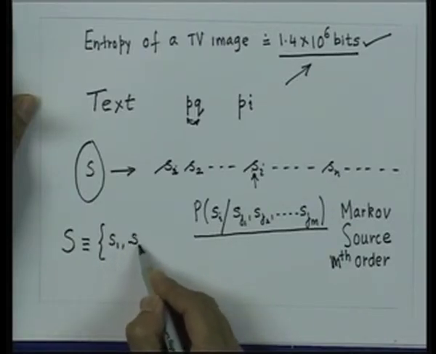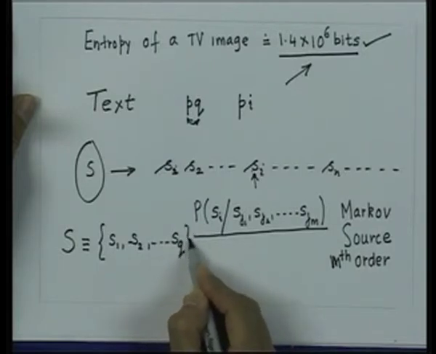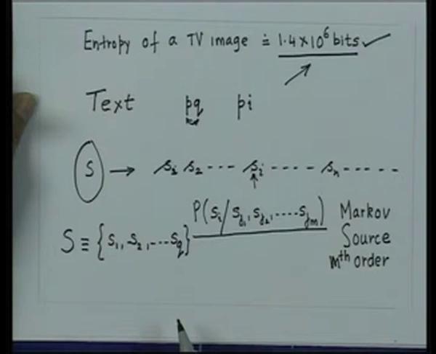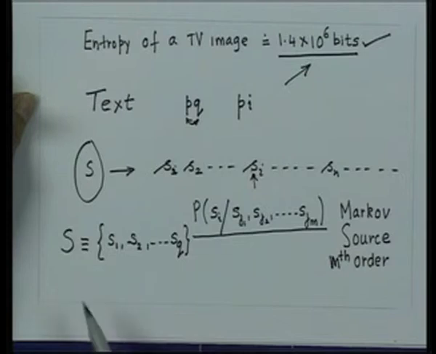Let me assume in this case also that the source alphabet consists of q symbols or q letters, and since the occurrence of a particular symbol in the sequence is dependent upon m preceding symbols, just the probability of occurrence of the symbol is not enough to characterize this source.